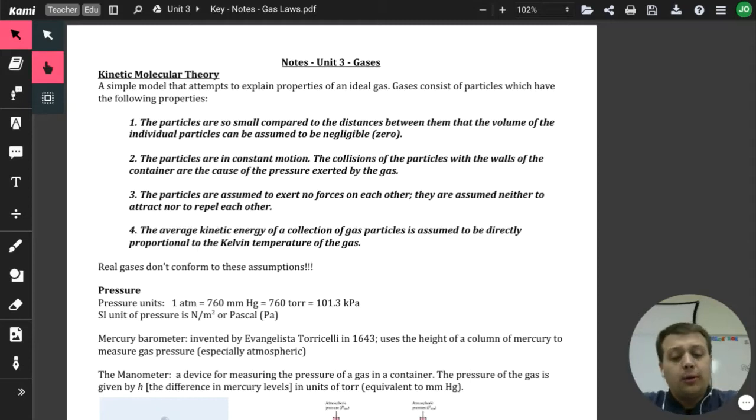Rule number 3 says the particles are assumed to exert no force on each other. They're assumed to neither attract nor repel each other. So what does that actually look like? Essentially, when a gas particle collides with another gas particle, in the perfect world, no forces are exerted, which means they're going to maintain the amount of energy that they had.